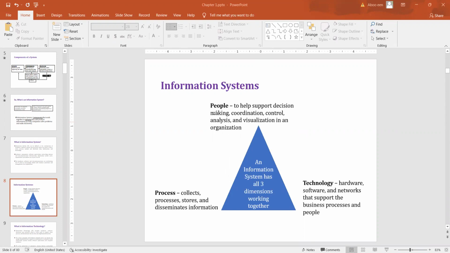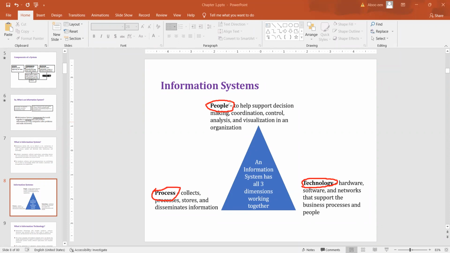See, people, process, and technology. These three elements or three dimensions together function as an information system.